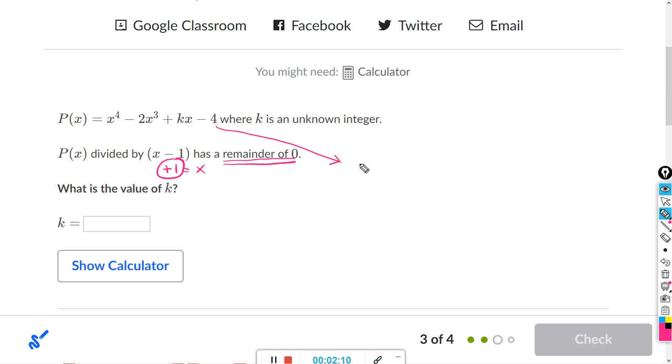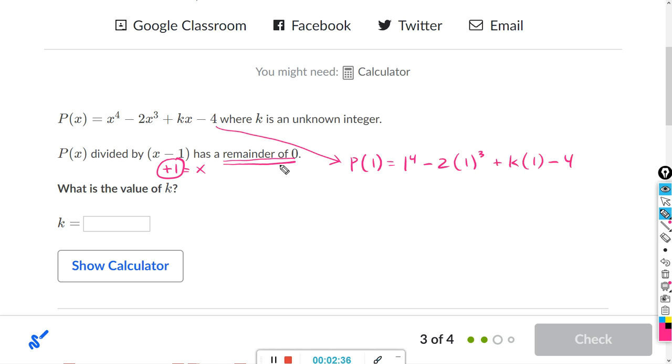Instead of p of x, I'm going to write p of 1, since we're plugging in x equals 1. So it's going to be 1 to the 4th minus 2 times 1 to the 3rd plus k times 1 minus 4.